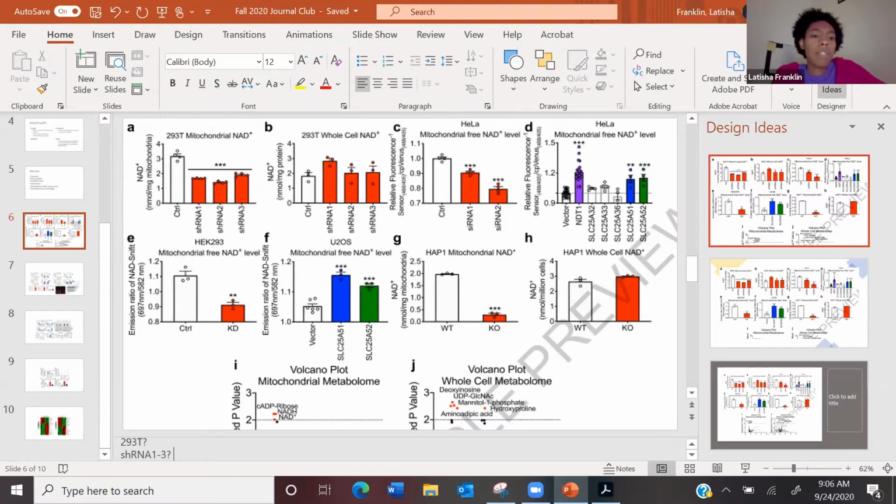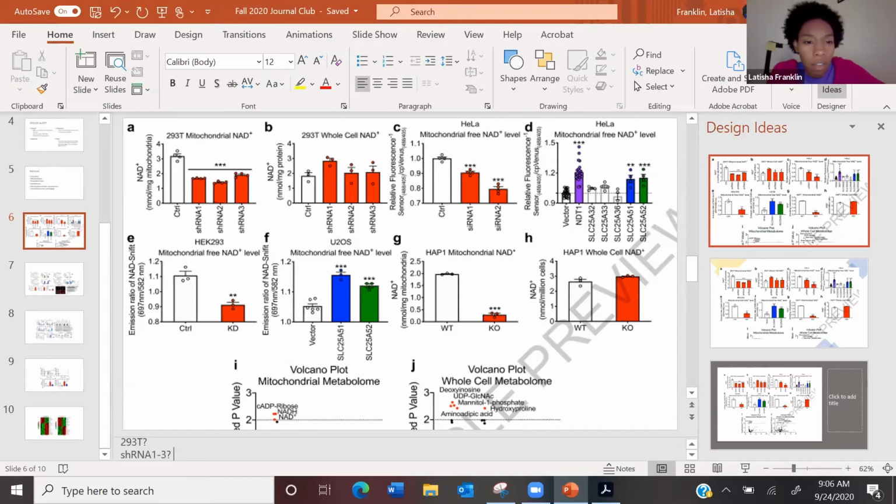What I get from panel A on figure 1 is that in the control there's about 3 nanomoles per mg of NAD in the mitochondria, whereas when you knock down any of shRNA 1, 2, and 3, you have a significant decrease, and that's what those 3 stars indicate: significance.